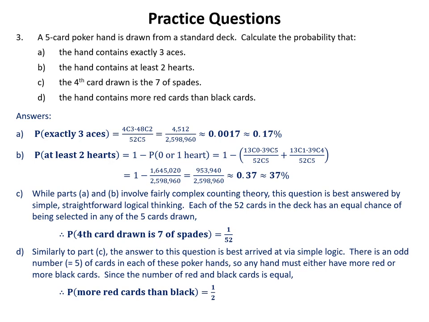For part C, now, while parts A and B involve fairly complex counting theory, this particular question is actually best answered by a more simple, straightforward, logical thinking approach. Each of the 52 cards in the deck has an equal chance of being selected in any of the 5 cards drawn.